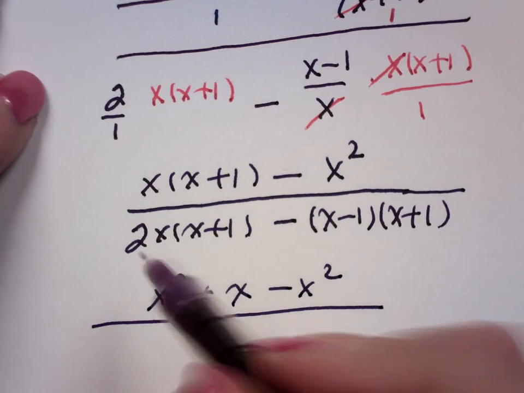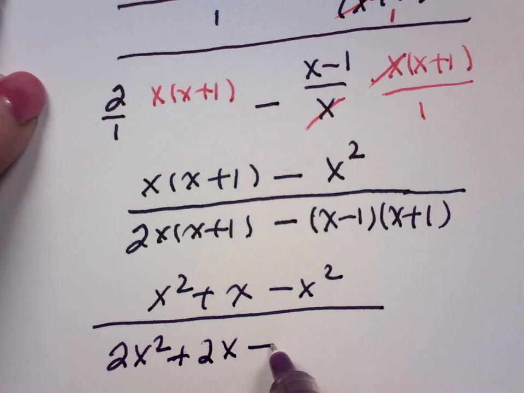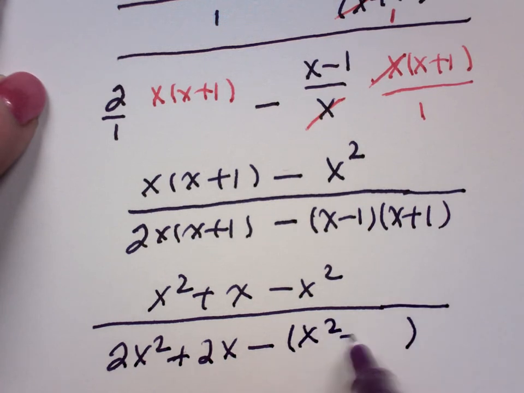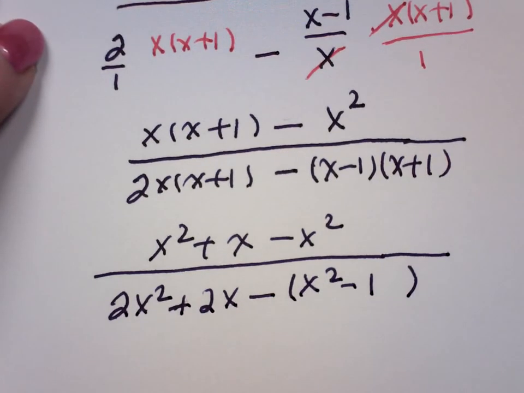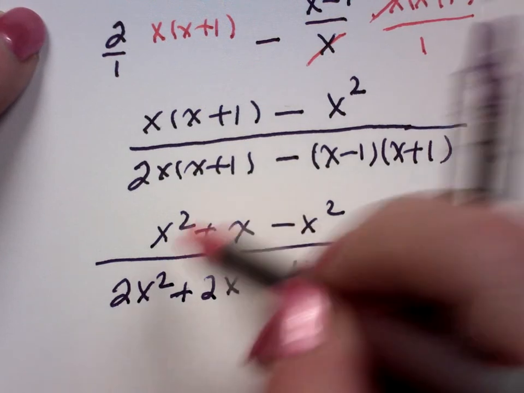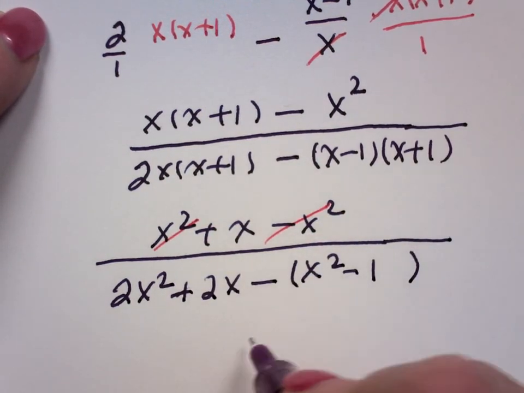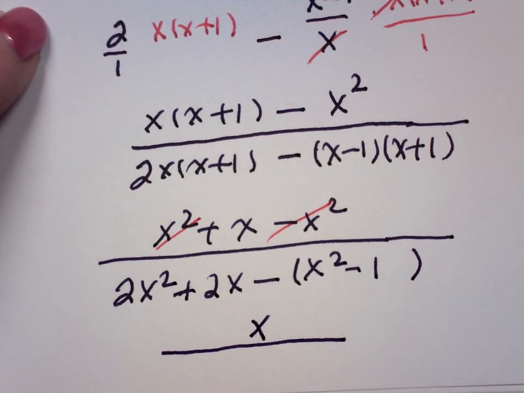The denominator is 2x squared plus 2x, subtract. Well, I've got to do the multiplication first. This is x squared minus 1. Here the x squareds add to 0. So I'm going to have x over, I've got to clean this thing up.